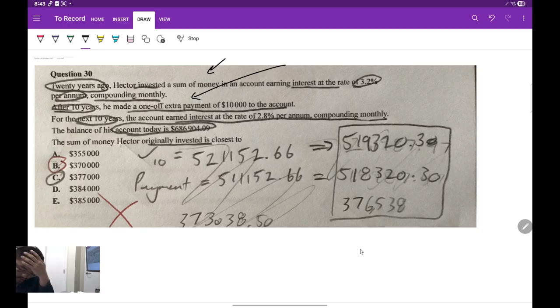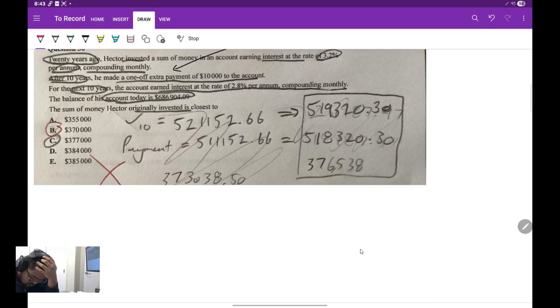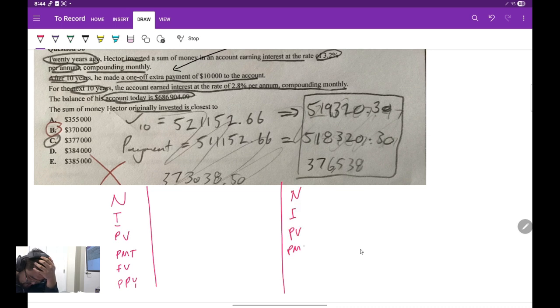So the way I would do this is first, I would draw up 2 tables, because I'm going to see what it's like with the first condition and how that changes the second condition's values.